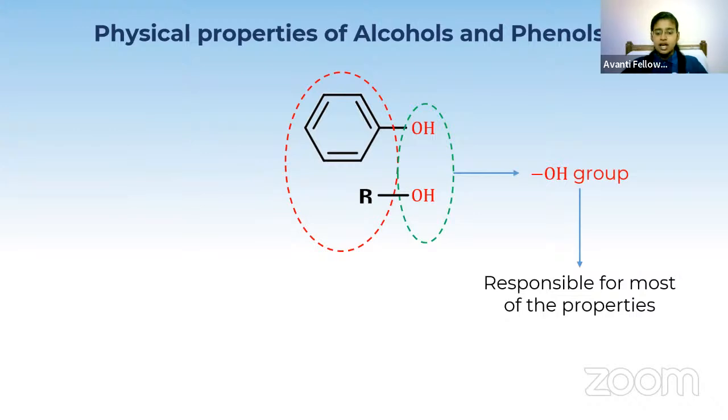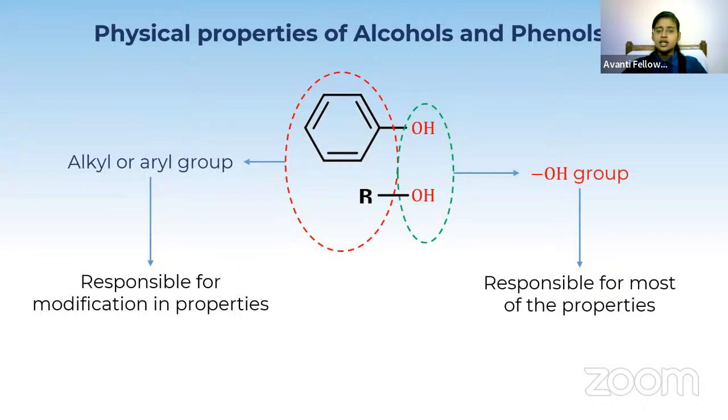And this alkyl group or aryl group is responsible for the modification in the properties. If you want to make some modification in a chemical or physical property, this will be responsible, and for most of the reactions, the OH group is responsible.